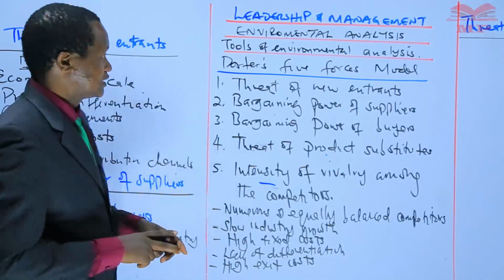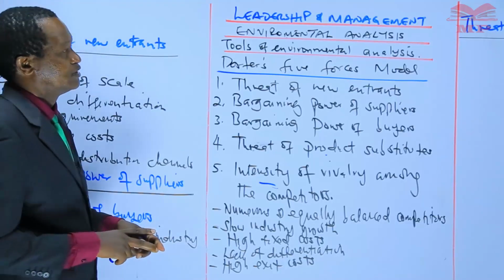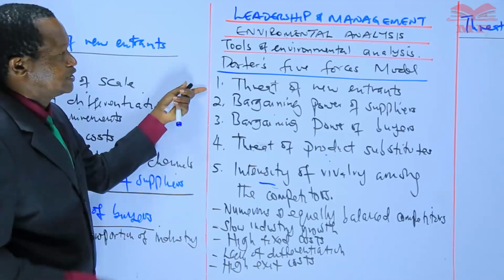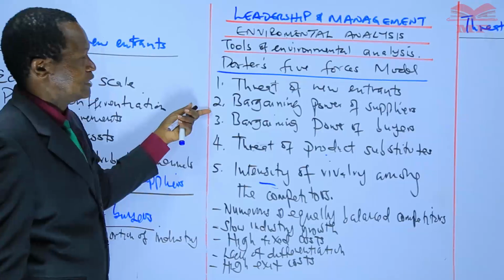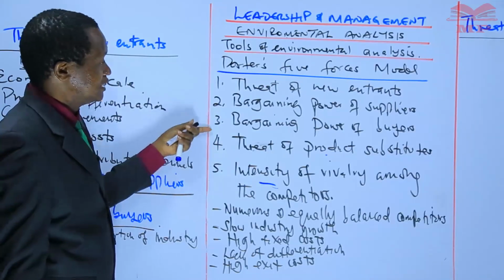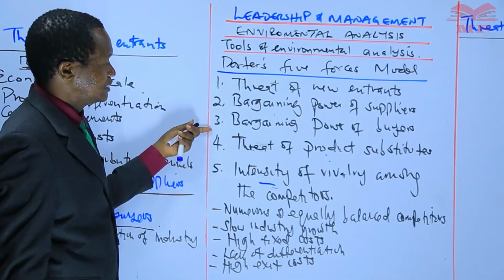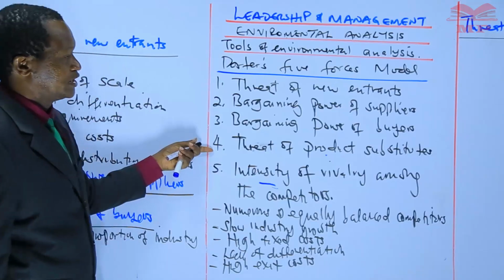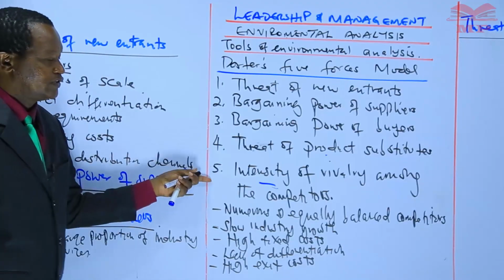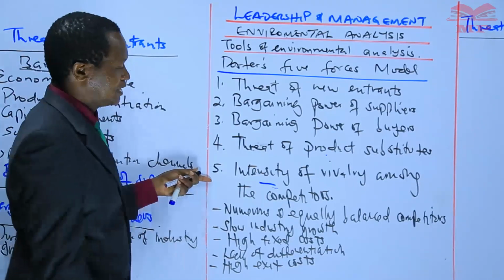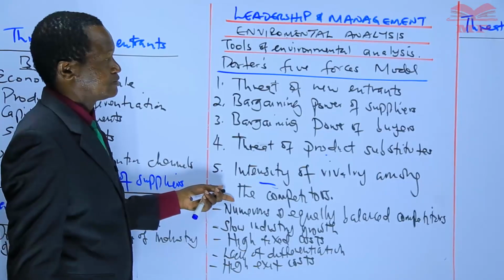So candidates, we've discussed Porter's 5 forces model, the first one being the threat of new entrants. Number 2 is the bargaining power of suppliers. Number 3, the bargaining power of buyers. Number 4 is the threat of product substitutes. Number 5 is the intensity of rivalry among the competitors.